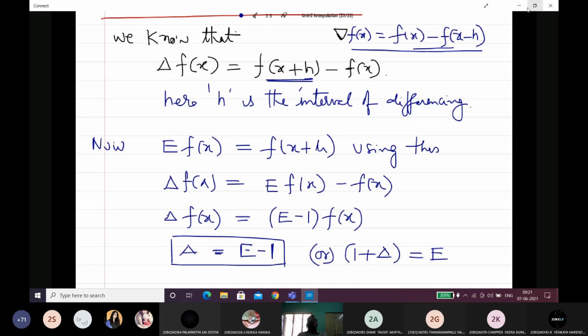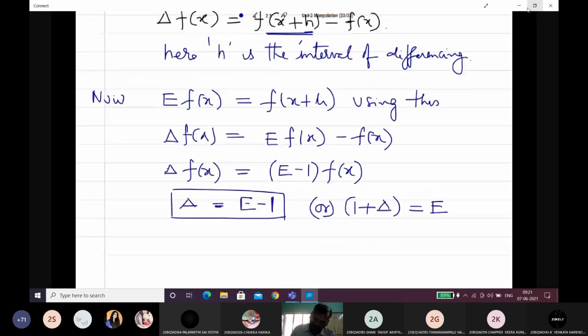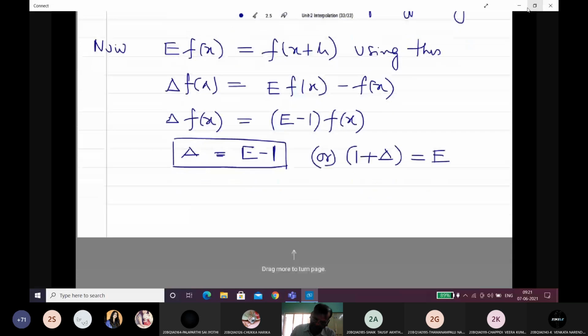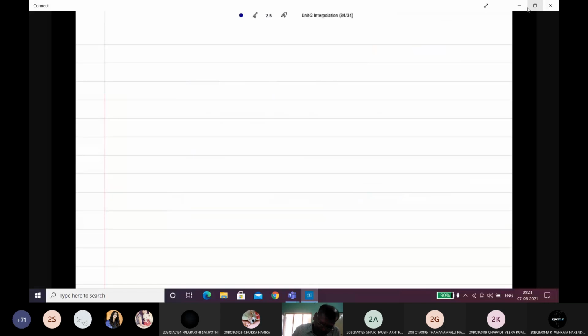Okay, now we have to prove some results using these difference operators. Shall I move the slide? Questions can be asked like this, write it down. Prove the following.